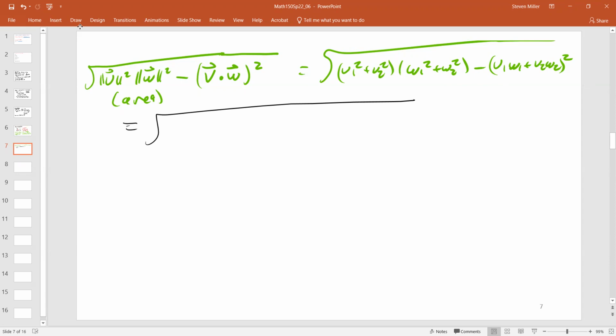We're going to have a V1 squared W2 squared term that's going to survive. We'll have a V1 squared W2 squared plus a V2 squared W1 squared minus twice V1 W1 V2 W2. So when I do the algebra, a couple of terms are going to cancel.